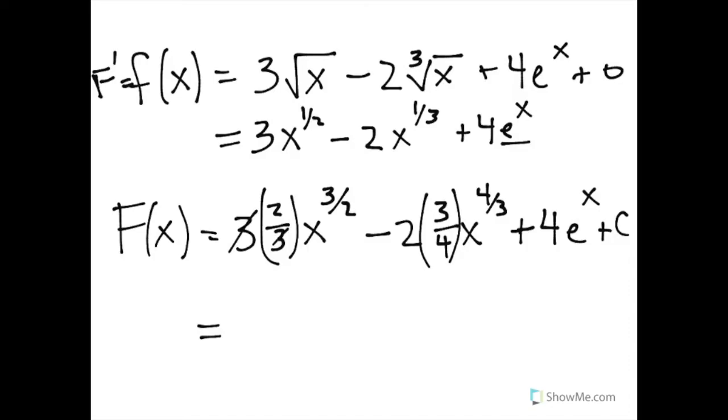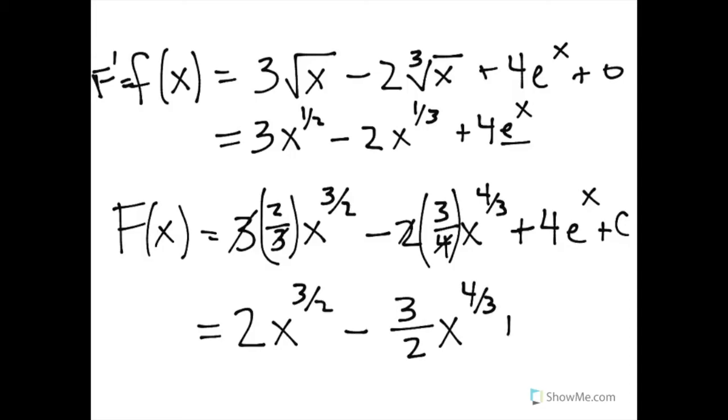We have a 3 on top, 3 on bottom. We end up getting a 2x to the 3/2. We have a 2 on top and a 4 on the bottom that can cancel. We end up getting a minus 3/2 x to the 4/3 plus 4e to the x plus c.